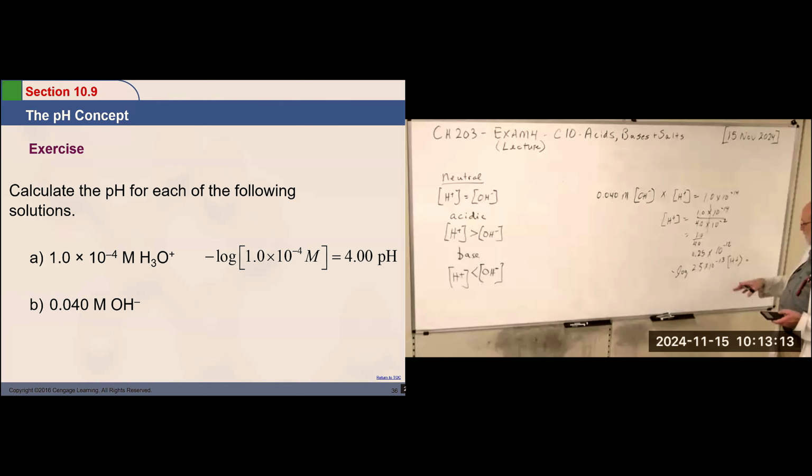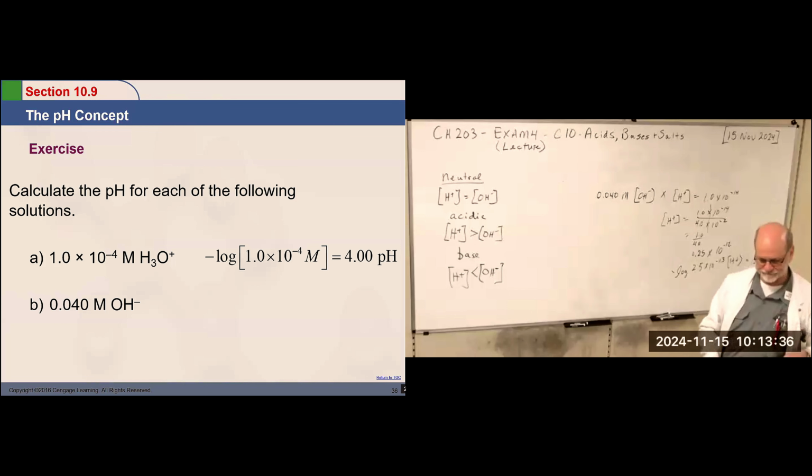There we go. Now I'm going to take the log of it, hit my log key, but it gives me a negative sign. I've got to get rid of that negative sign, so I just change the sign. All right. We've got 2 significant figures, so I get 2 decimal places. That's 12.60 pH.